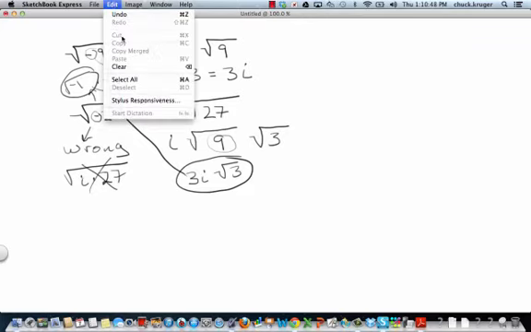All right, let me do another one. I'm going to have the square root of negative 28. So this is what I'm looking at. I see the negative sign, so I'm going to write i. Then I take a look: are there any perfect squares that go into 28? Yeah, there's one. It's called 4, because 4 times 7 is 28. 4 is a perfect square. 7 is not a perfect square.